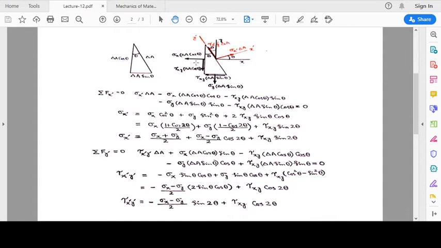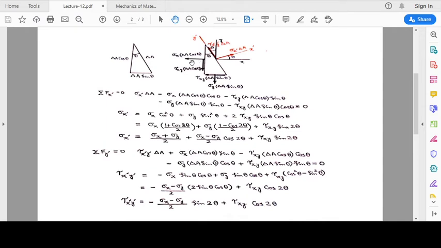It will have two components, one component in the negative x prime direction and the other component in positive y prime direction. So these are going to be the two components of this sigma x into delta A cos theta. This is the force, so we have to take the component of this force along the x prime direction. The angle is going to be theta.